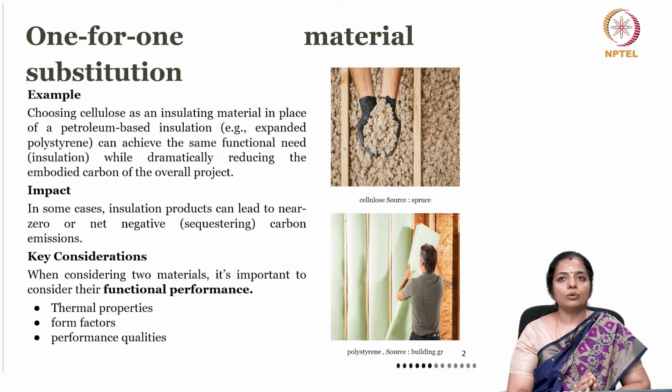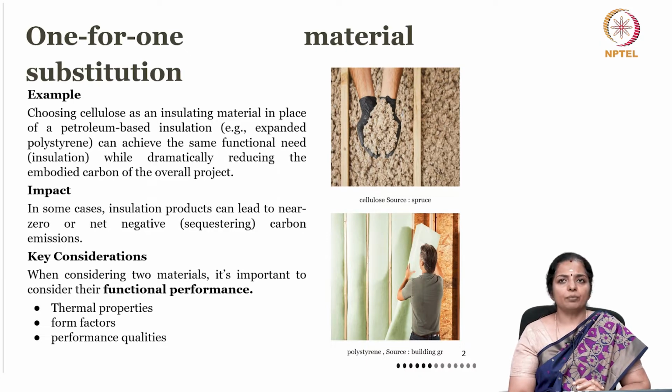So, substituting and specifying low embodied carbon materials alone can have a very important impact. It's a very significant impact it can have on the embodied carbon of a construction or even a renovation project.